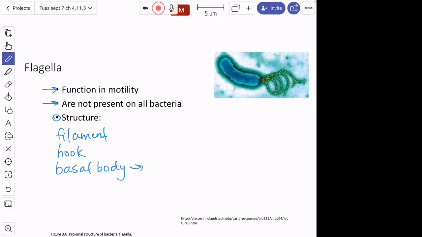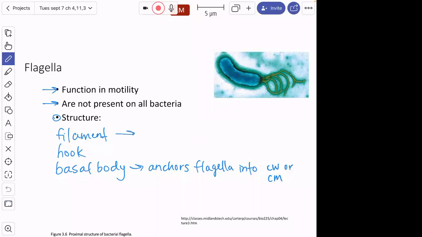Okay, so the basal body is what anchors the flagella into, we'll say, the cell wall, or sometimes to the cell membrane. Either one. There's a hook region then that connects the two.